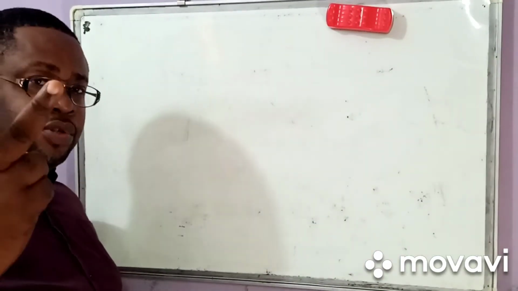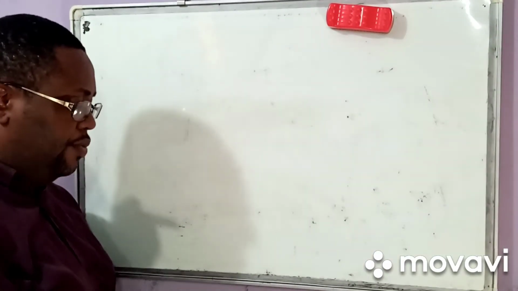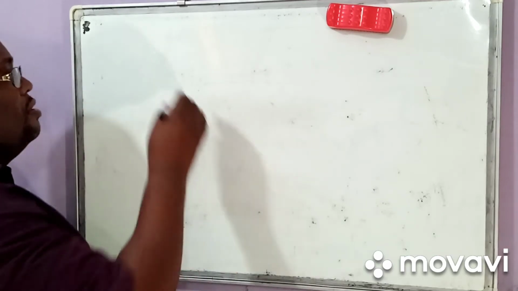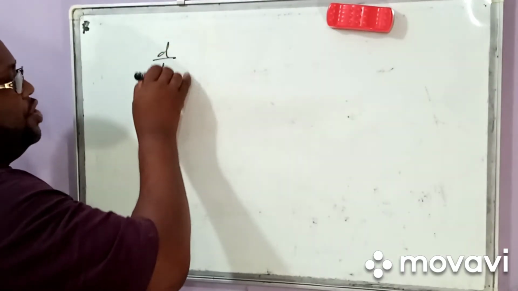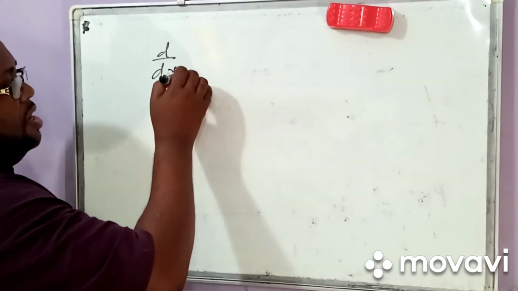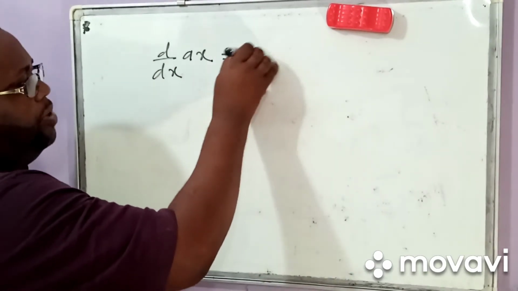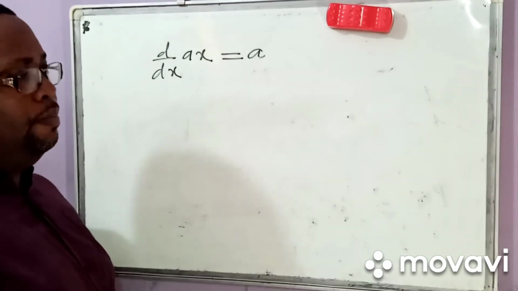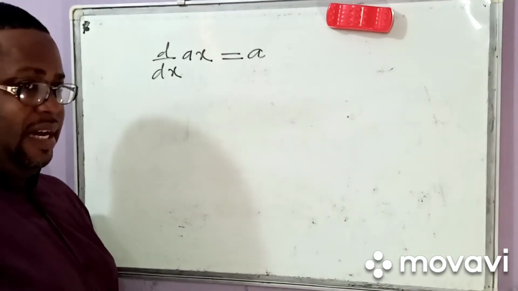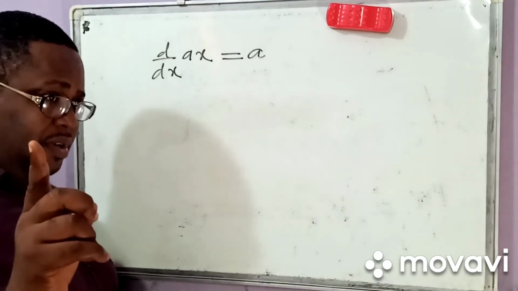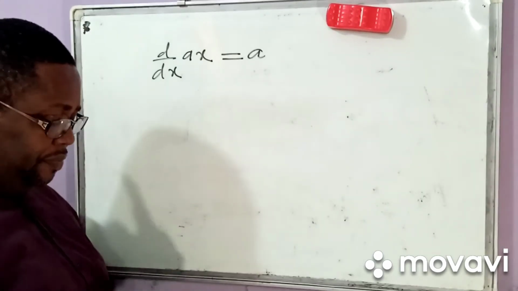Rule number 2. Now, the second rule for differentiation: whenever you have to differentiate with respect to x, and you have, say, ax, your answer will simply be a. Whenever you have to differentiate ax, whereby the power is simply 1, your answer will simply be a.